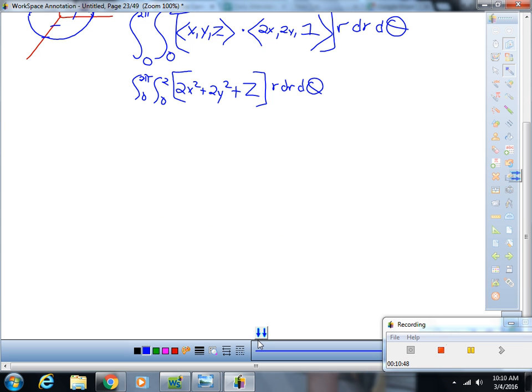Well, integral from 0 to 2 pi, integral from 0 to 2, of 2 times what? R squared. What does Z equal? 4 minus R squared minus 1. So isn't that just 4 minus R squared? Right?